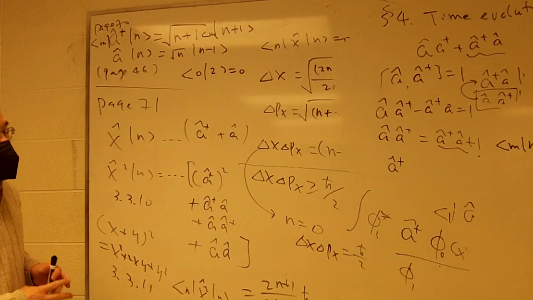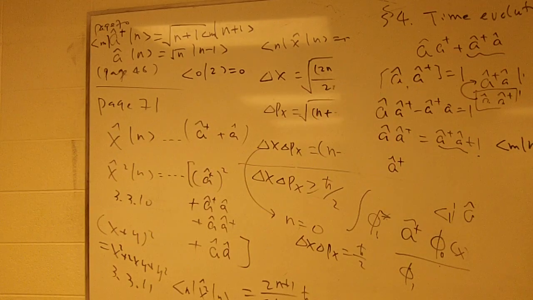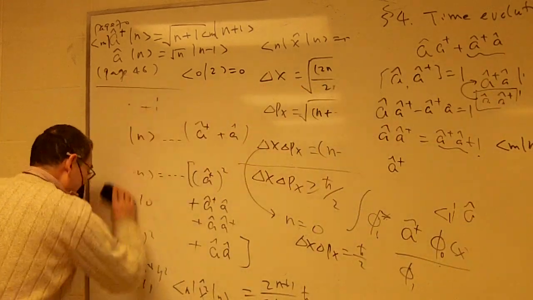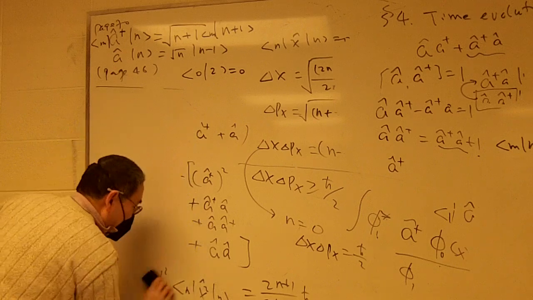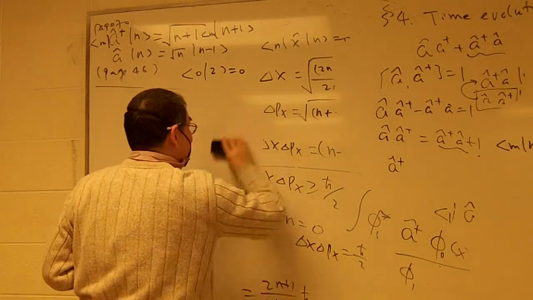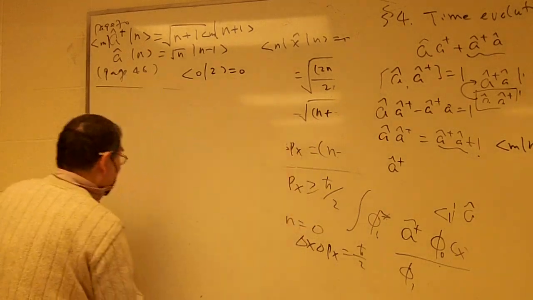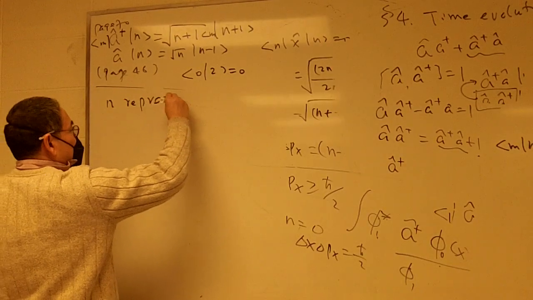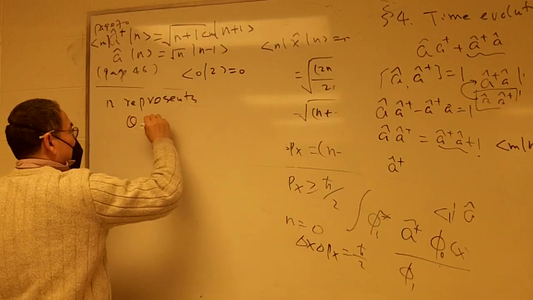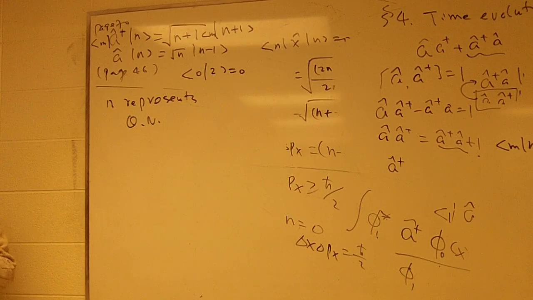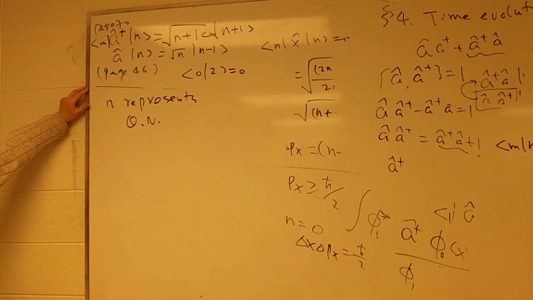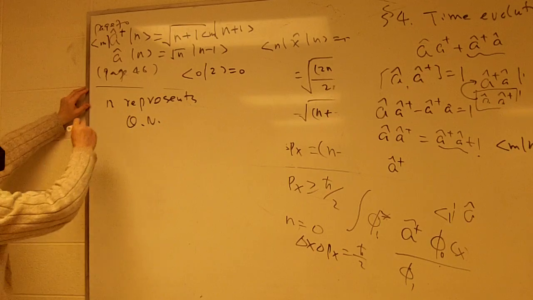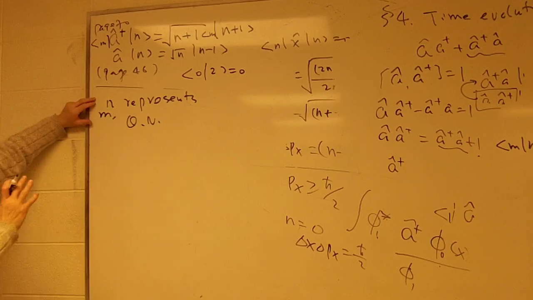Because isn't it like 2 different states? n here is a quantum number. n represents a quantum number. m is also a quantum number, but when I set up the matrix, they both are quantum numbers.